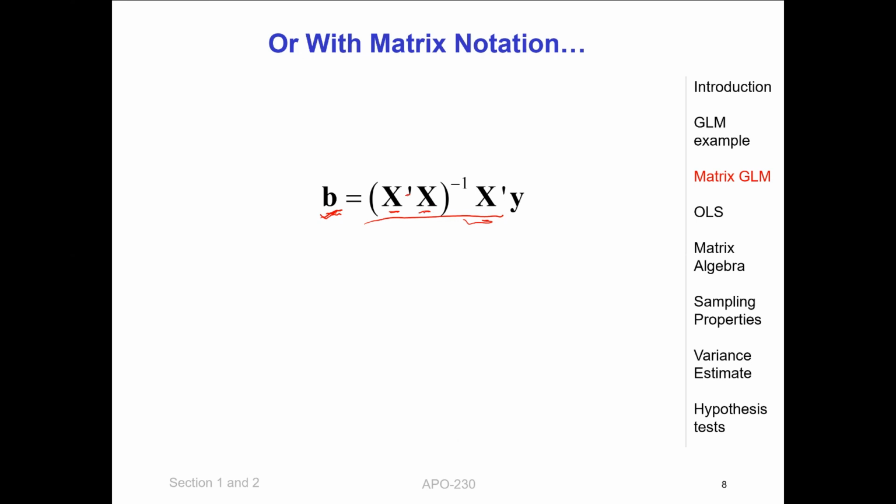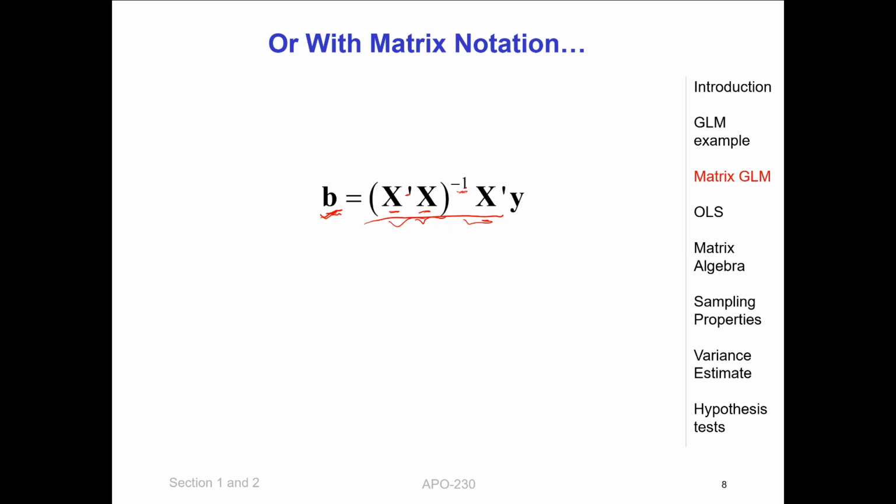Times X. And then the product of this will be inverted, to the power of -1. If we talk about scalar or numeric algebra, as we are used to in microeconomics, it is called to the power of -1, but now it means the inverse.